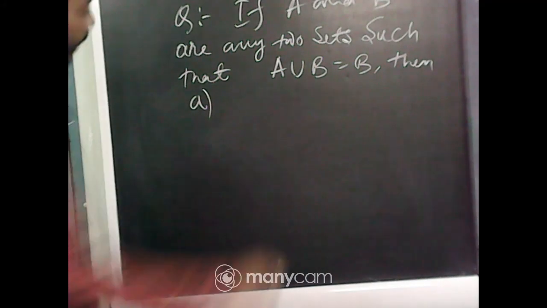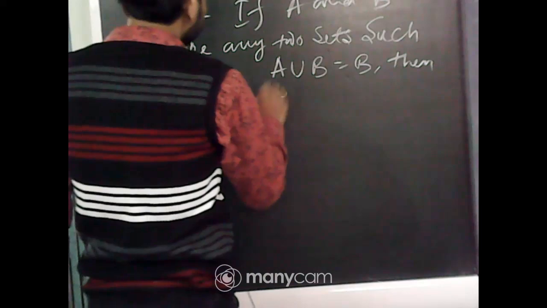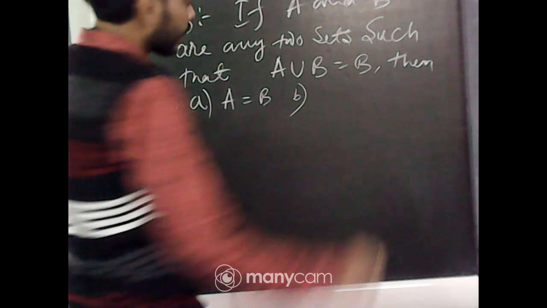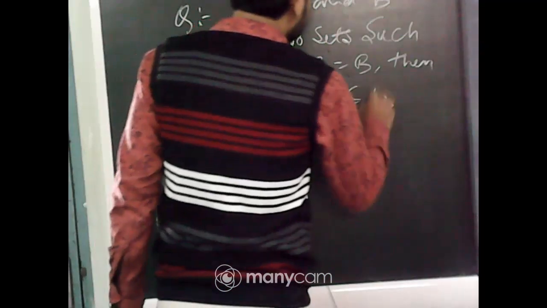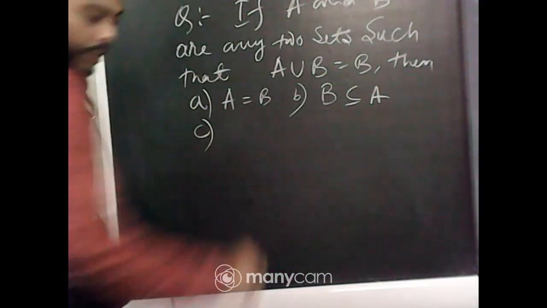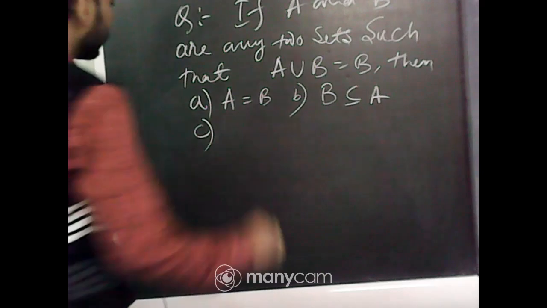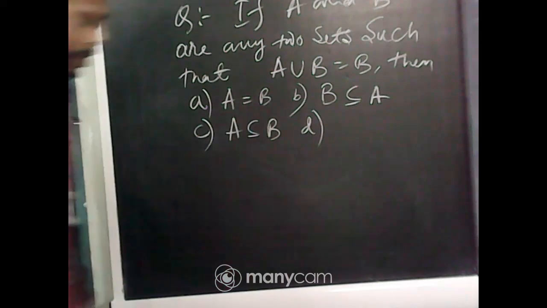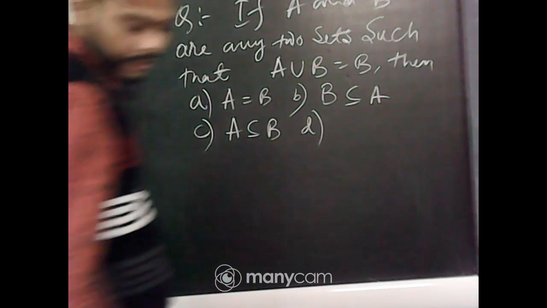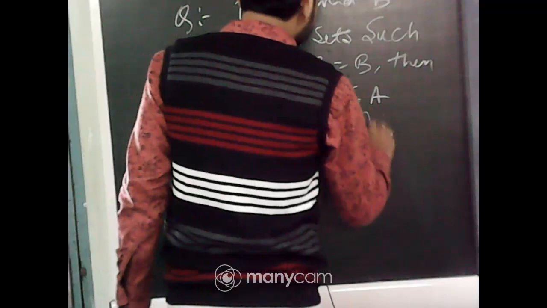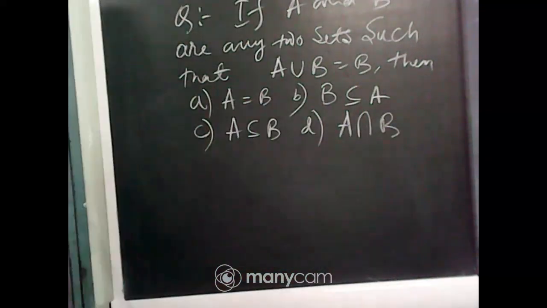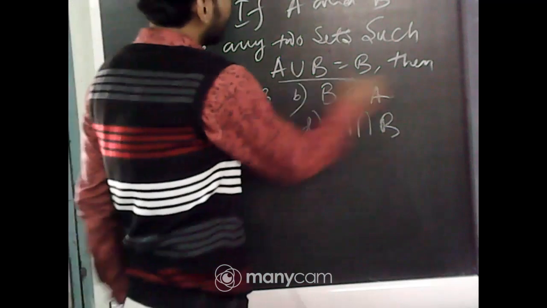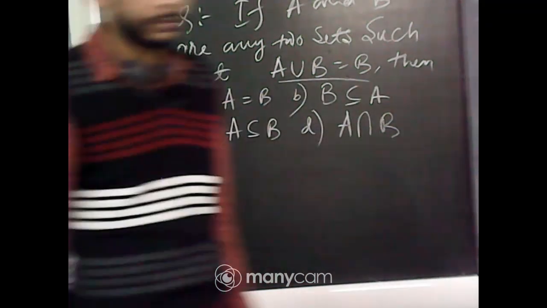Option A, A equals B; option B, B subset A; option C, A subset B; and option D, A intersection B. If A and B are two sets such that A union B equals B, then which one is correct?